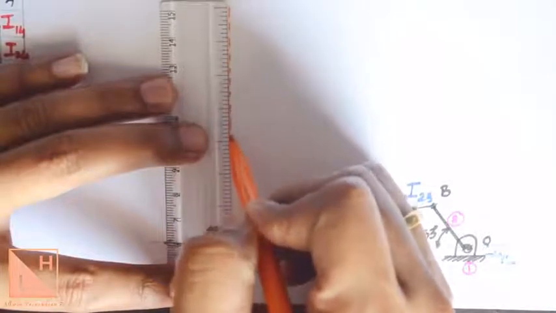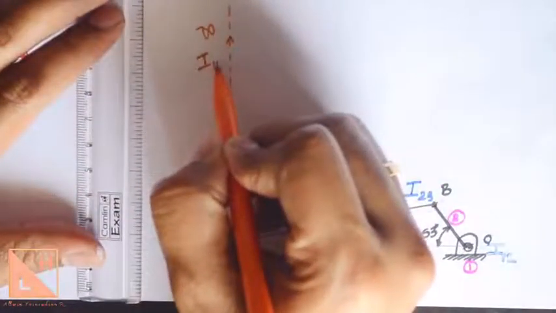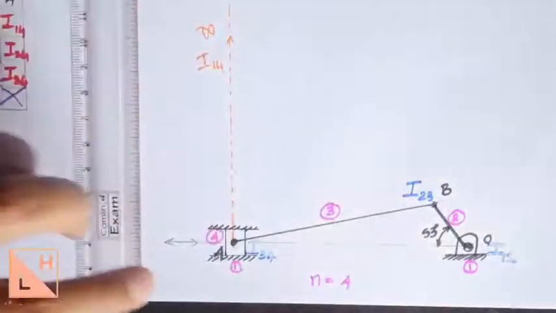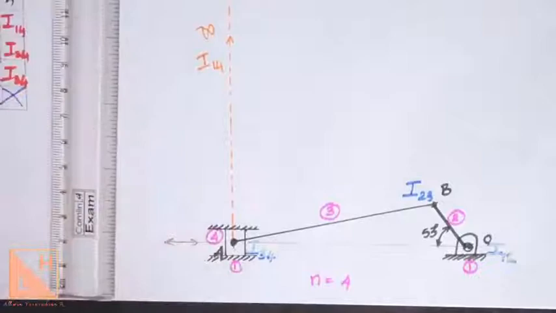So here you can draw or construct a dotted line, and it means that the instantaneous center is found at infinity. Which instantaneous center is found at infinity? I14, right? So it is found somewhere there at infinity. We don't find any radius of curvature for a horizontal line.